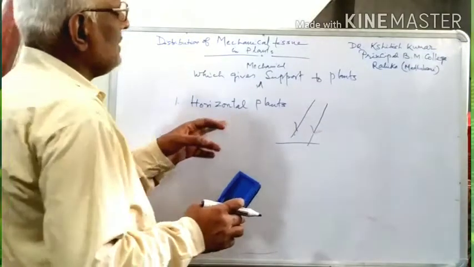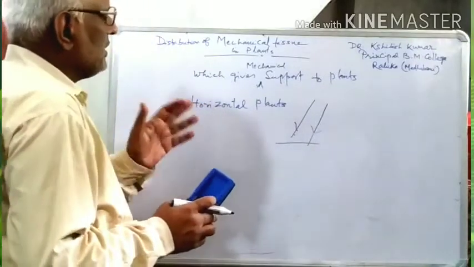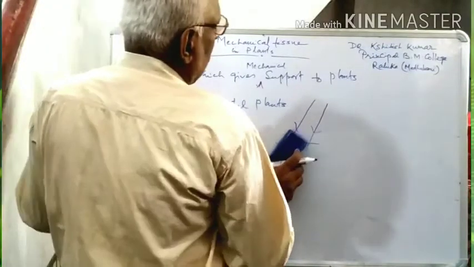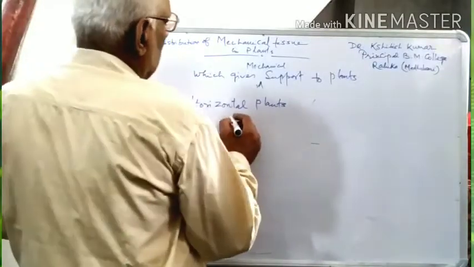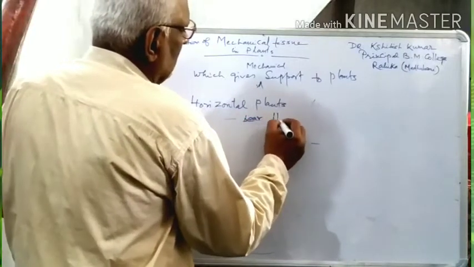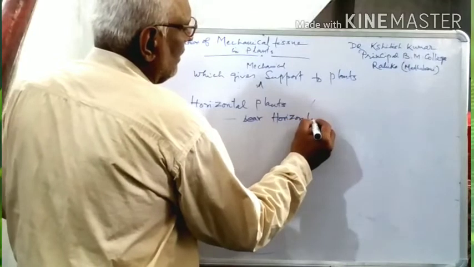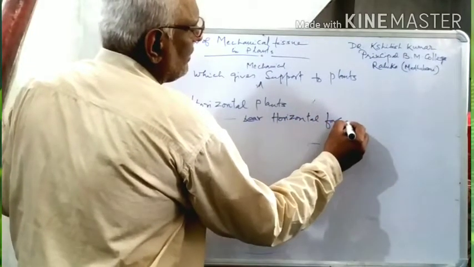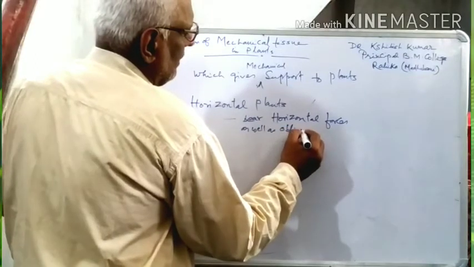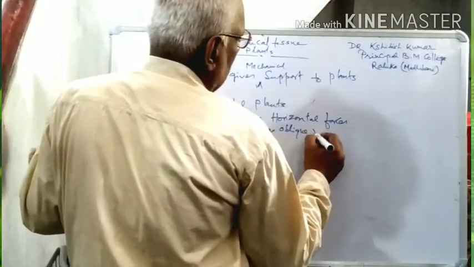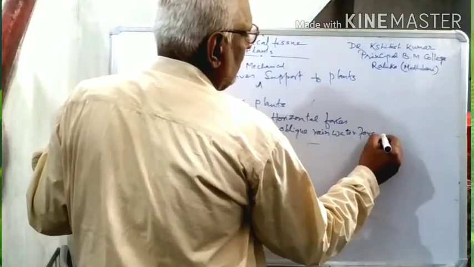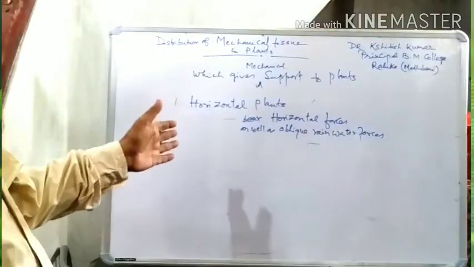So some plants that grow horizontally have to bear horizontal forces as well as oblique rainwater forces.